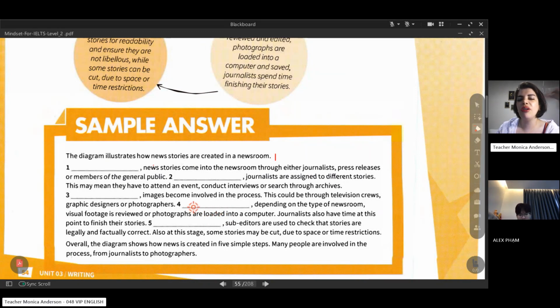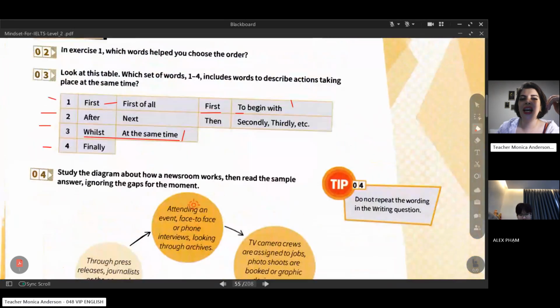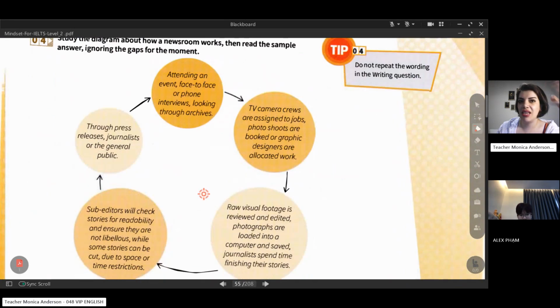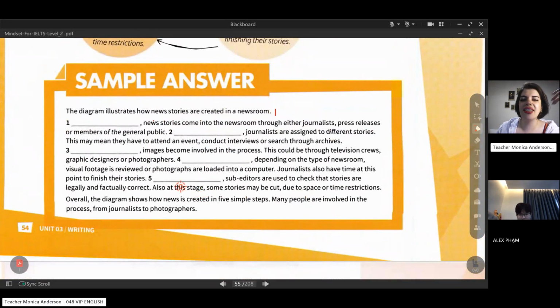So then, or what more? Another word. So then, or after that. Then after that. And number 5, the last. Finally. Yeah, of course, finally.